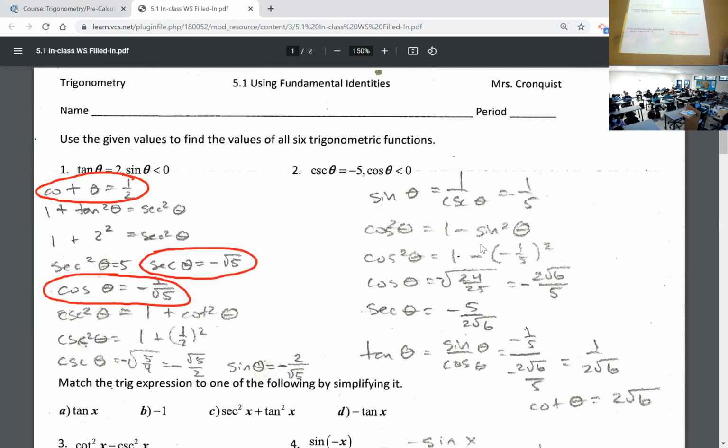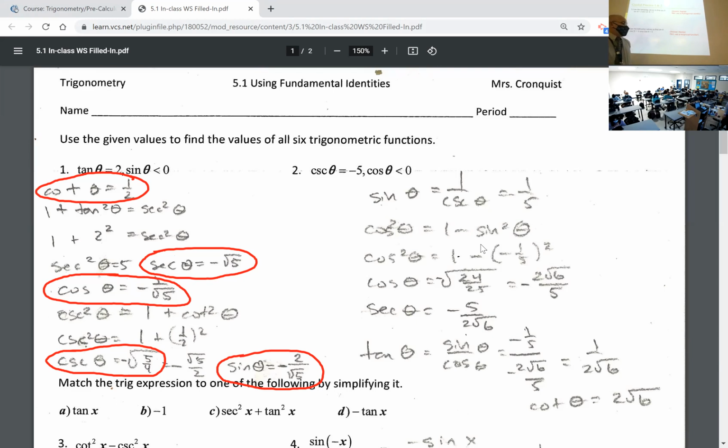Cosecant squared is equal to 1 plus (1/2) squared. So that equals 5/4. 1 plus 1/4 is 5/4. So cosecant is going to be the square root of that. And again, sine is negative in quadrant 3. So there's my other 5 trigonometric functions.